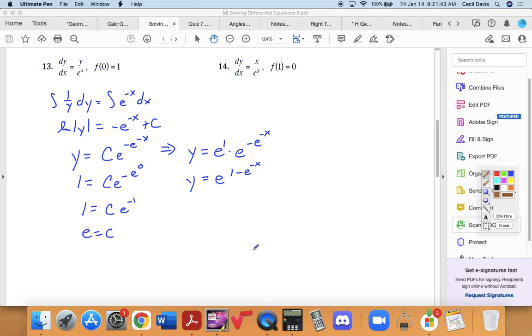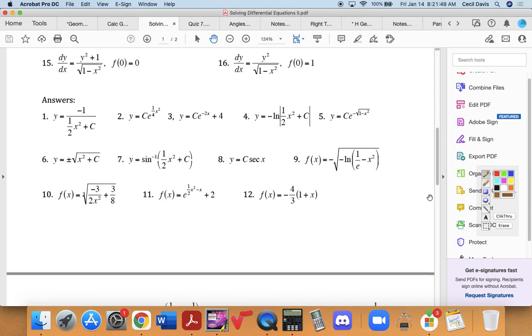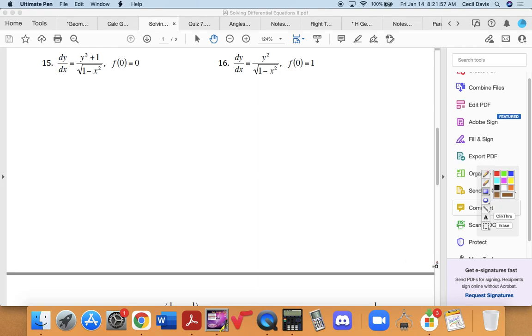Do number 15? Sure. All right, so number 15, when we separate this, we're going to have 1 over y squared plus 1 dy is equal to 1 over the square root of 1 minus x squared dx. So far, so good? All right, and we're going to take the antiderivative of both sides.